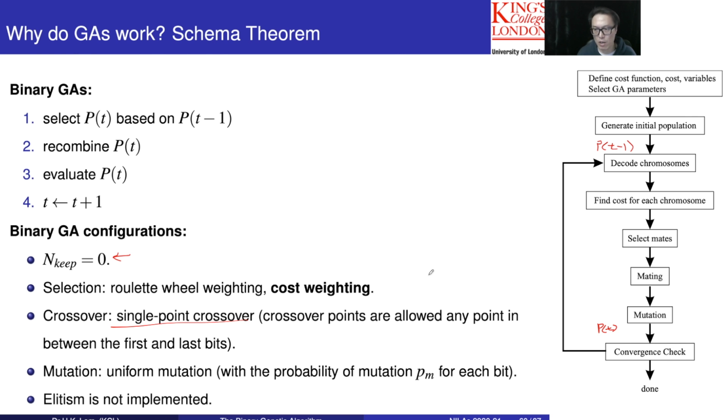We can extend it to any kind of crossover. Again, if you change the configuration, you have to change the schema theorem development accordingly. Mutation is uniform mutation, meaning each bit has probability PM of being flipped from 1 to 0 or 0 to 1. Elitism is not implemented.